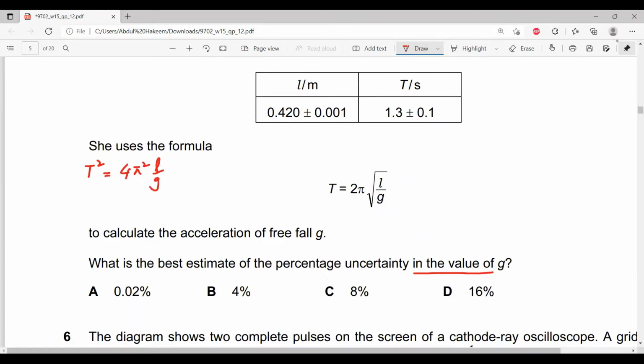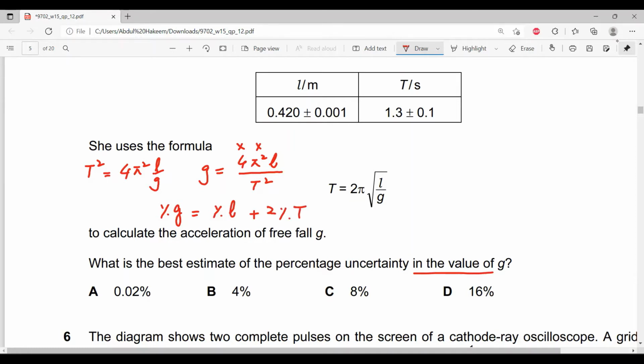Make g the subject of the equation: g equals 4 pi squared L over T squared. Now the percentage uncertainty of g is percentage of L plus 2 times percentage of T, since 4 pi squared is a constant.